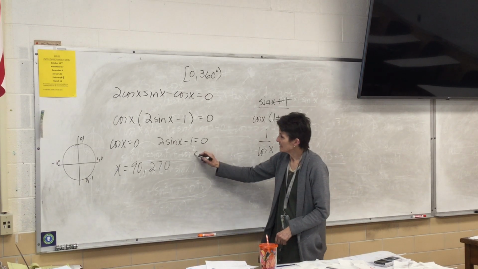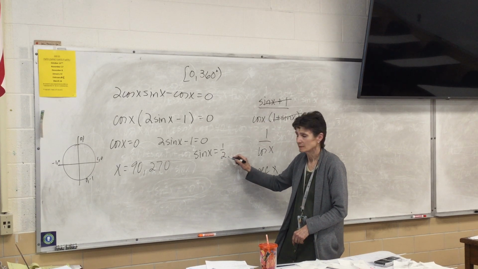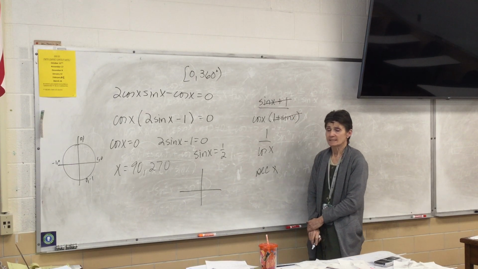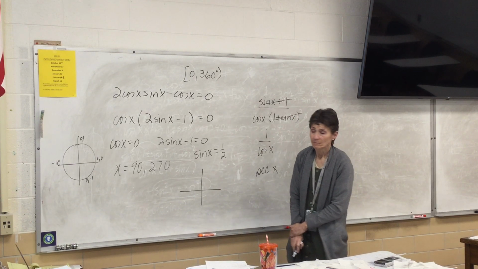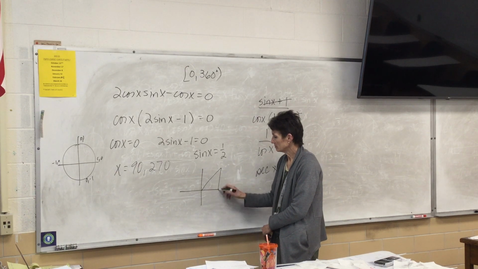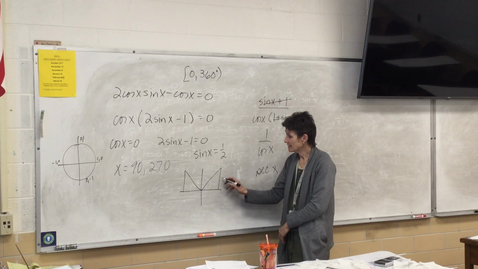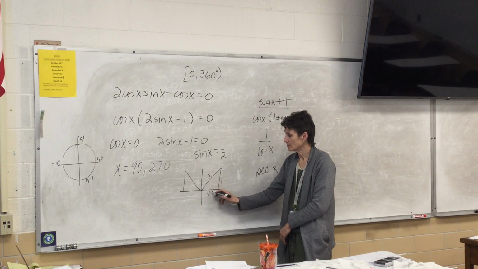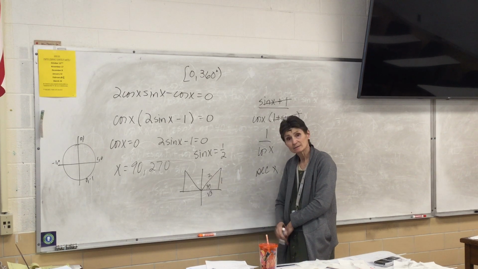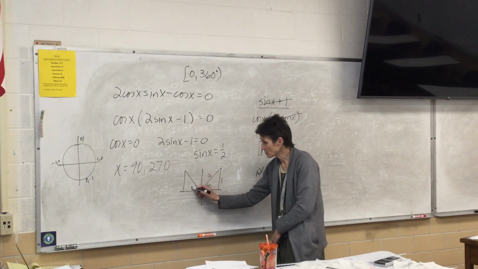This one says the sine equals 1/2. Well, sine is y, and y is positive up here. And sine is opposite over hypotenuse, so that makes this angle right here 30, and this one's also 30.